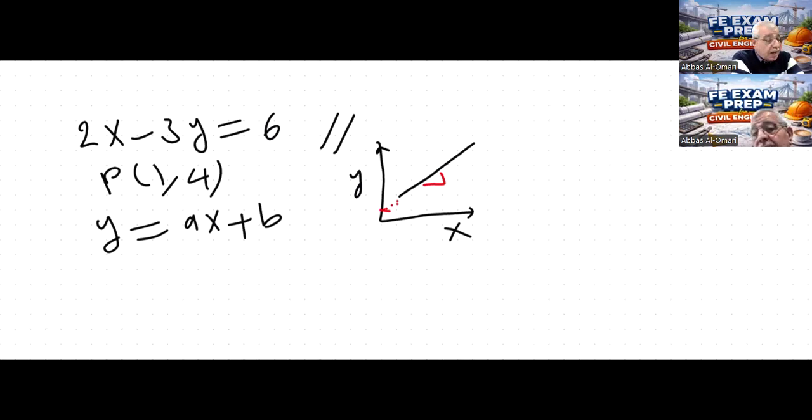First, I should write the given equation in standard form so that I can find the slope. So I have 2x minus 3y equals 6.